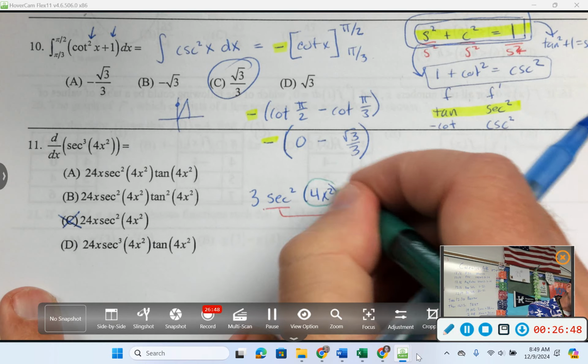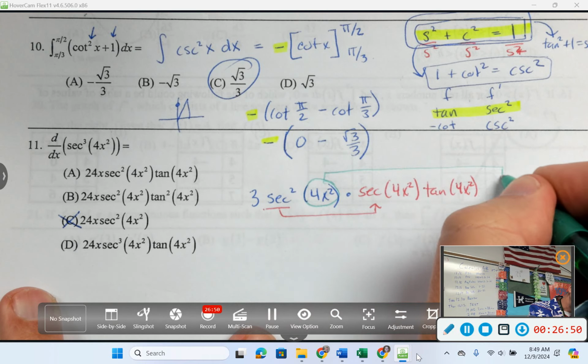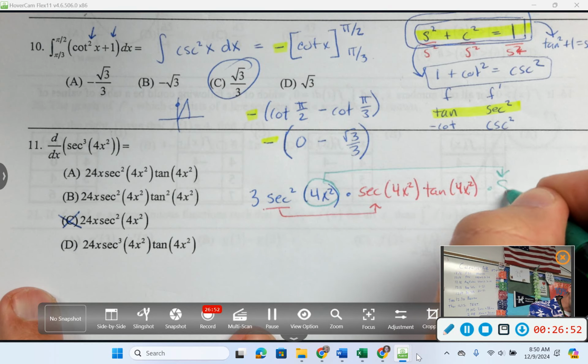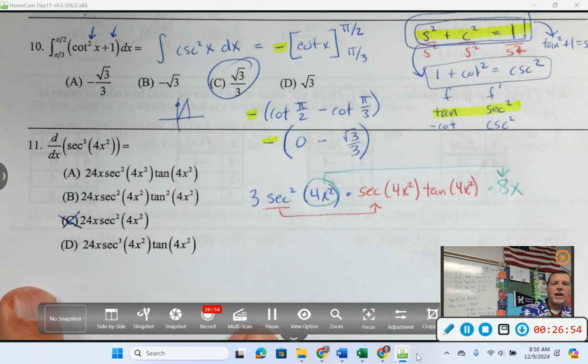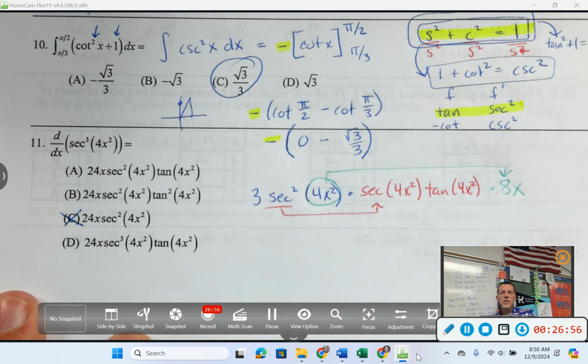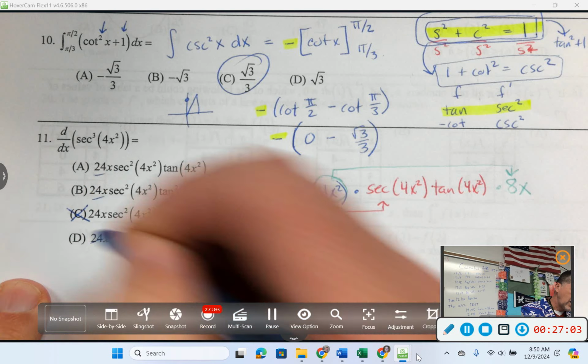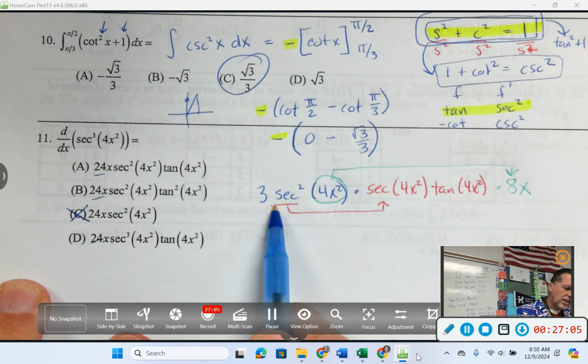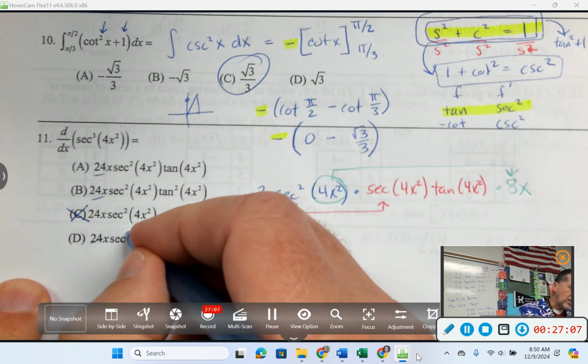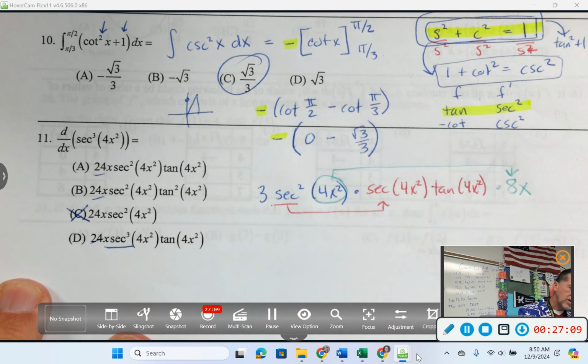And then the derivative of 4x squared, while we're having fun with the chain rule, would be 8x. So 3 times 8 is 24. Okay, got that. Secant squared times secant, that's where secant cubed comes from. There's the x, there's the tangent. So let's answer D.